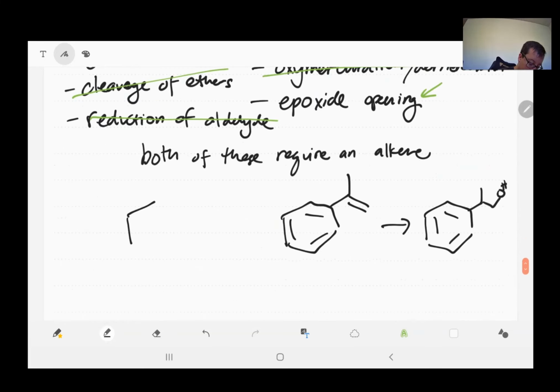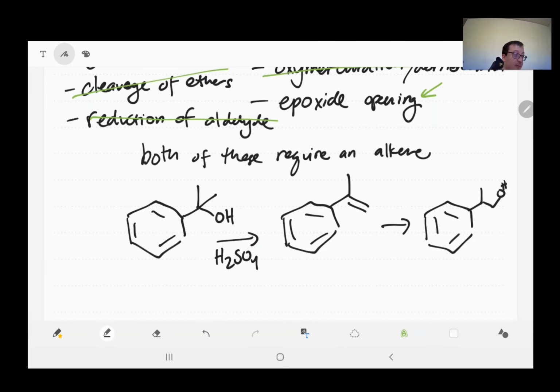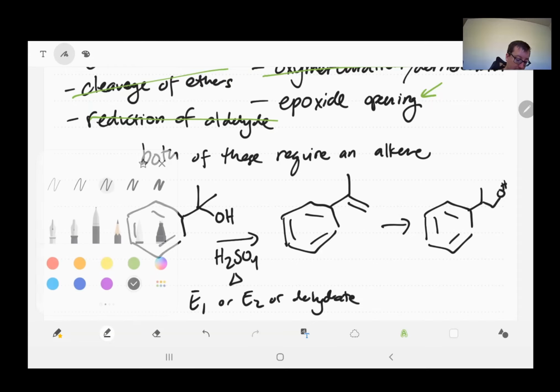And do we know a way to make an alkene here? Yeah, we can just do elimination, either E1 or E2. Either one would work. Throw some sulfuric acid on here, it's done. It'll dehydrate. You'll form the alkene. You remember you can take a tertiary alcohol, heat it up, and get the alkene, dehydrate an alcohol. We could also just do E1 or E2, any of these. We have a lot of options. We'll get that alkene. And then we want to consider our options.